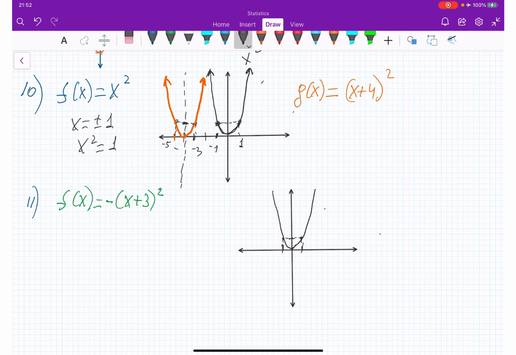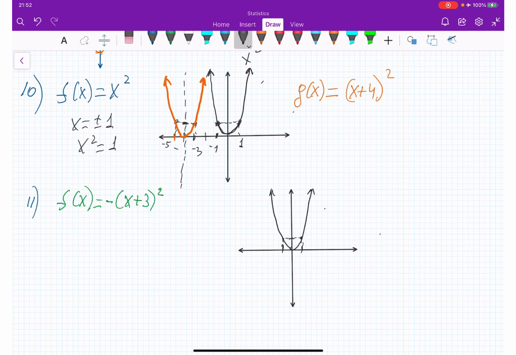Use your imagination, it's supposed to be symmetric, and it's not symmetric at all. Okay, this way. Well, better.